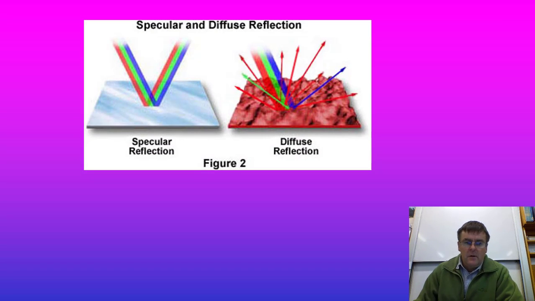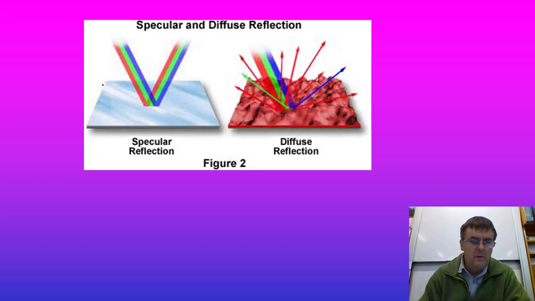So, two kinds of reflection. There's what they call specular, or your reflection in a mirror. It's regular, you can see what's going on, you can see a picture, you can see yourself. Diffuse reflection is what you get off a sheet of white paper, for example. The surface is rough, so the light rays are coming in regular, but they're being scattered.